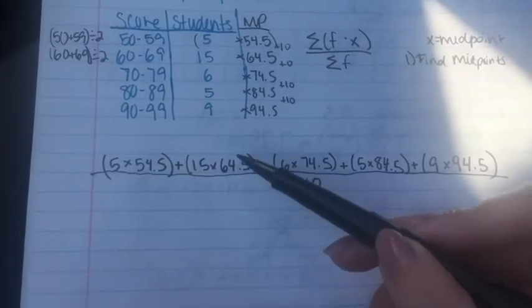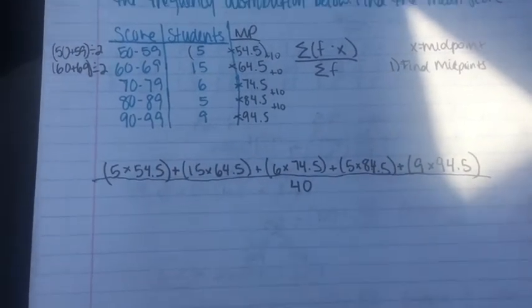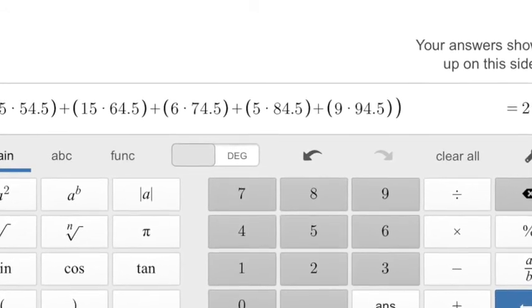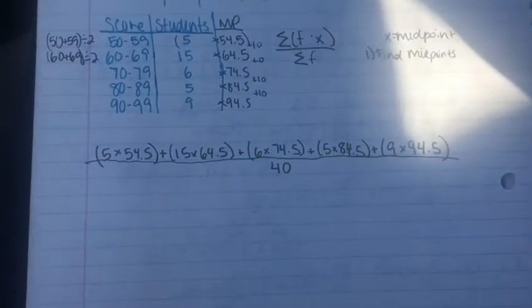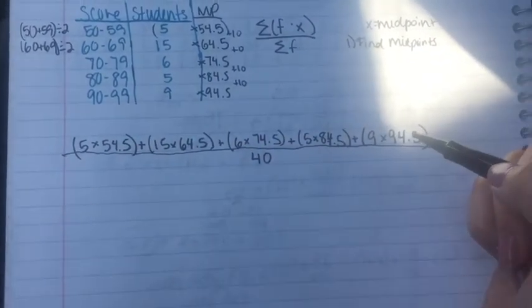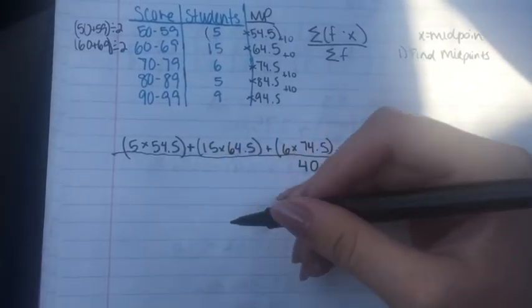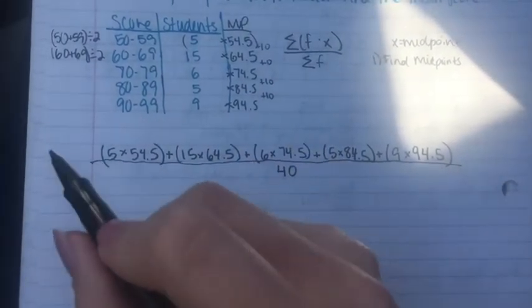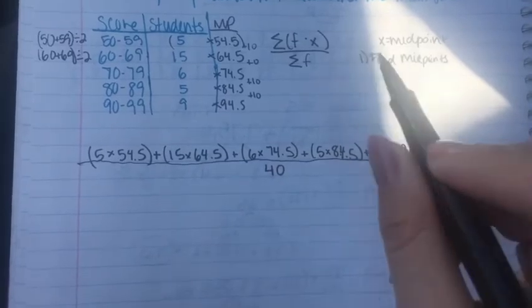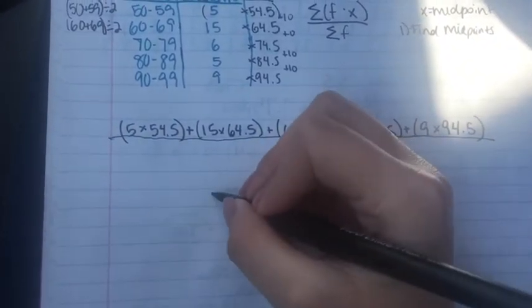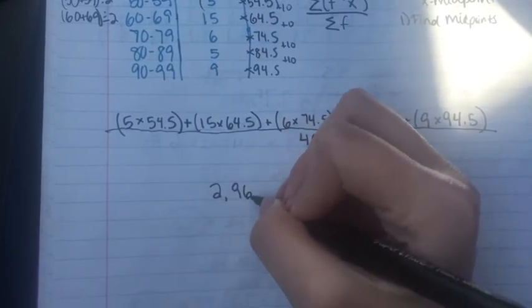So now I'm just going to plug these into the calculator. So notice how I'm only plugging in the top portion of the equation. Like the screenshot showed, I only entered this top portion into the calculator, with the parentheses and everything, and I got that these parentheses and the addition symbols summed up to 2,960.